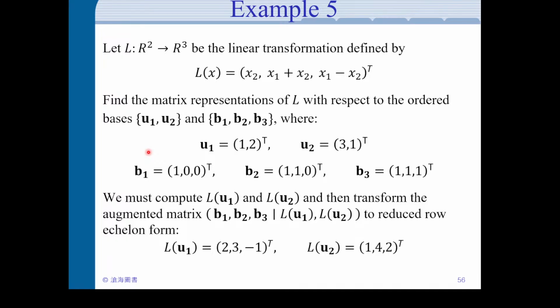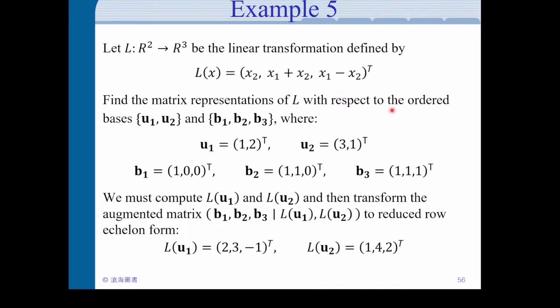So now we have a map from R2 to R3. This is a full-blown change of basis calculation. We have a linear mapping from R2 to R3, defined by this: R2 has vector x1, x2, and they map to x2, x1 plus x2, and x1 minus x2.